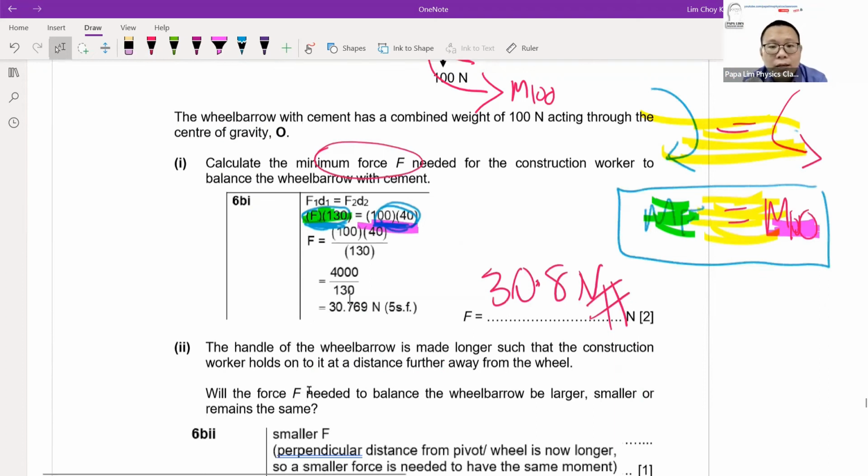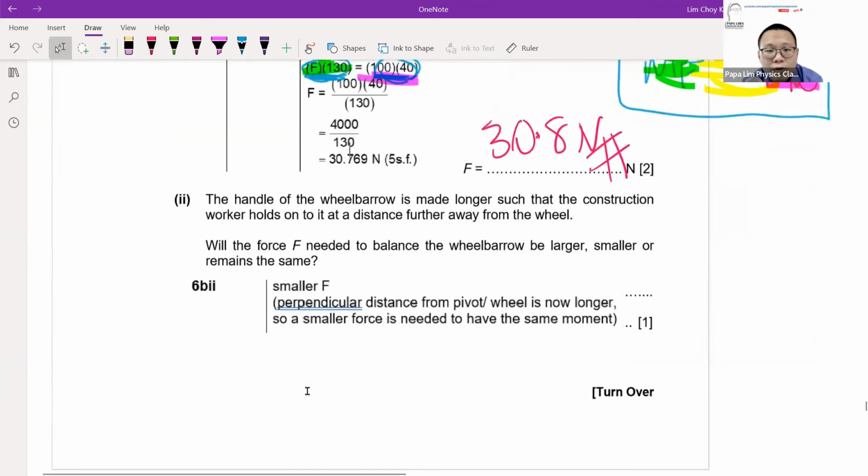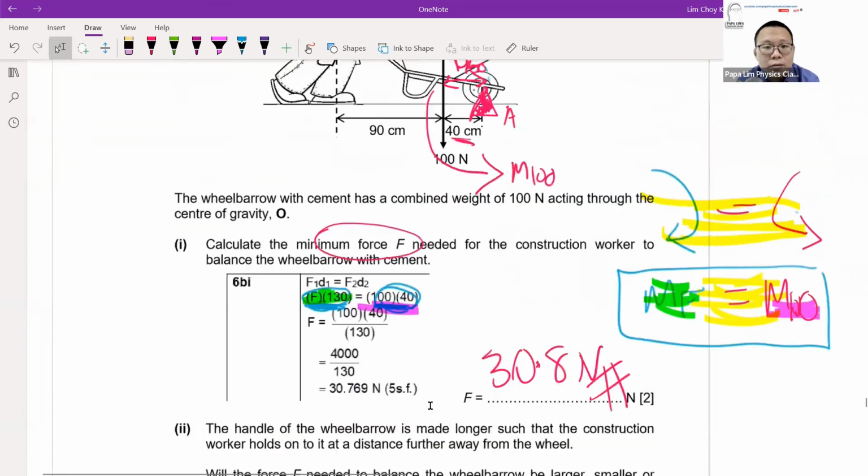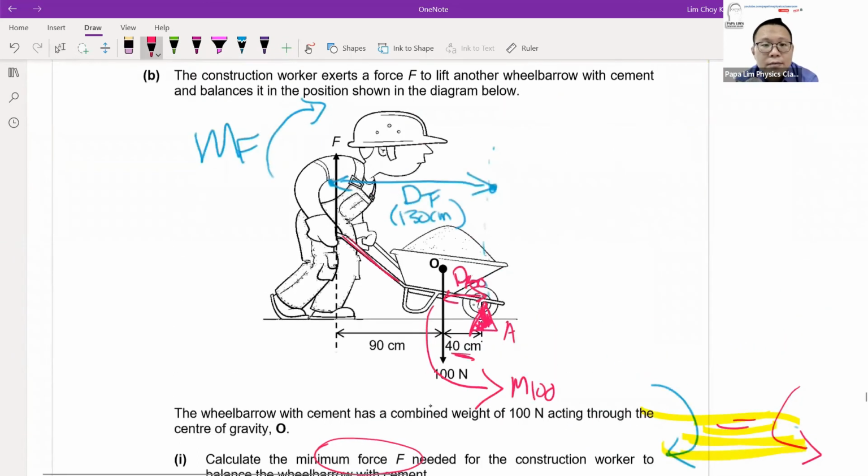After that, the question looks at what happens if the handle of the wheelbarrow is made longer. Will the force needed be larger, smaller, or remain the same?